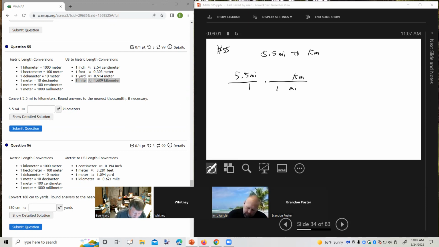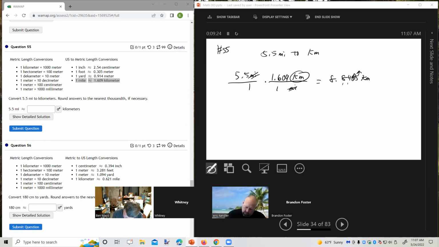One mile is approximately 1.609 kilometers. Miles cross out, we're going to take 5.5 times 1.609, and I get 8.8495. It said round to the nearest thousandth, 10th, 100th, thousandth.